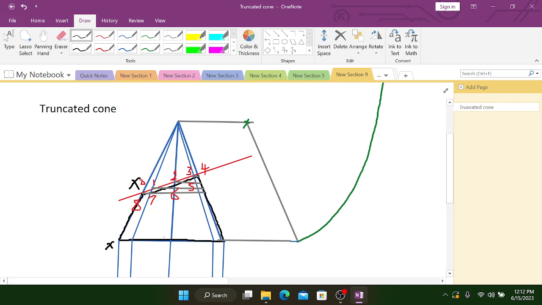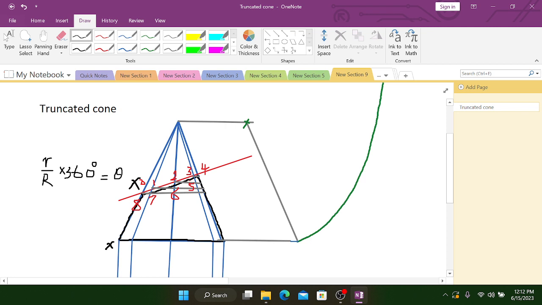We have the radius of this one, this base, that is r. Then this slope length is capital R. I am taking r into 360 degrees equal to theta.